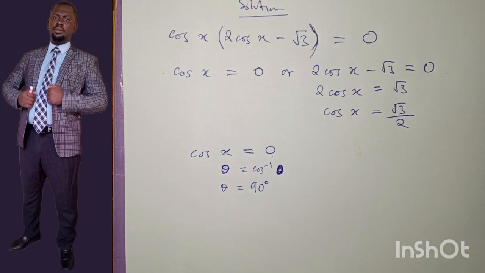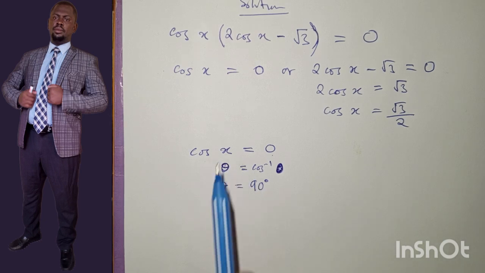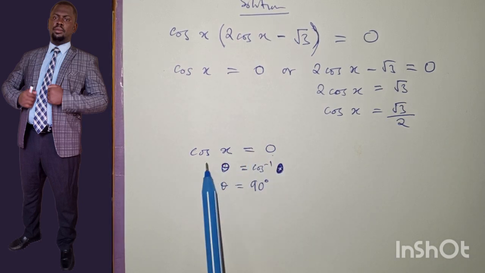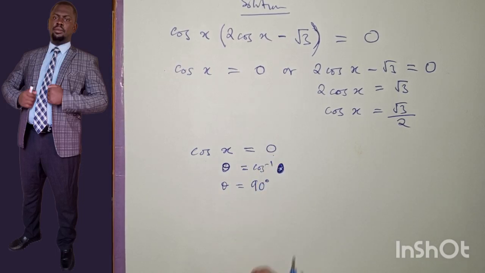Now, this theta is just the angle in the first quadrant. Now, we are looking for x. And for x, we should get the values where cos is positive. And we know that cos is positive in the first quadrant and the fourth quadrant.